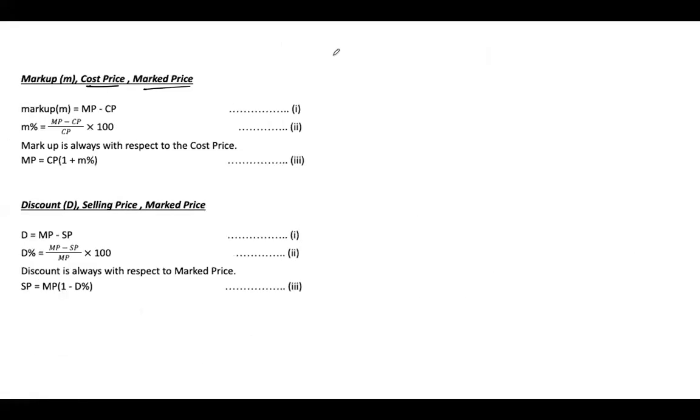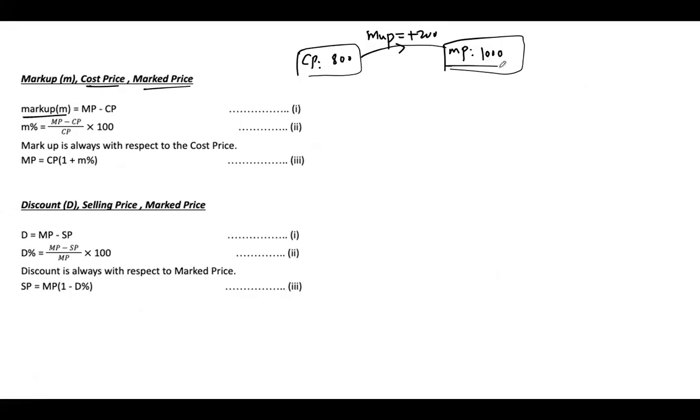So write it here. Let's say 800 was your cost price, marked price was 1000. So your markup was 200 rupees. And how did you find the markup? By subtracting the cost price from the marked price.